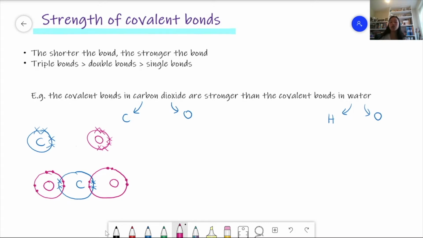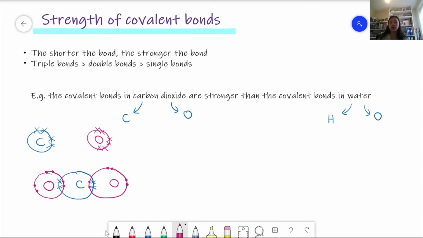So oxygen now has a full outer shell. It's got 1, 2, 3, 4, 5, 6, 7, 8 electrons. And here the oxygen also has 8 electrons. And the carbon has 1, 2, 3, 4, 5, 6, 7, 8, so that also has a full outer shell. So that's how they combine to make covalently bonded carbon dioxide.